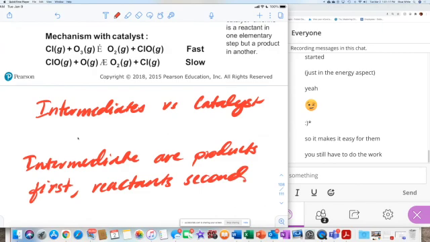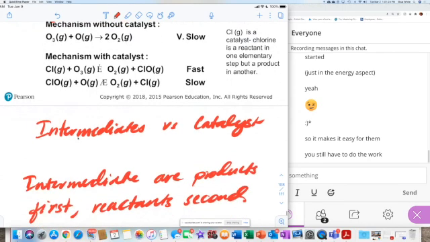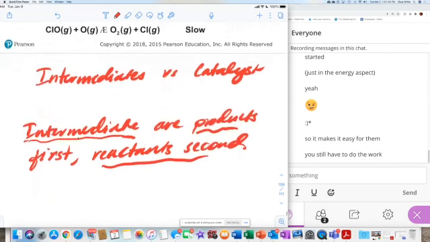Okay, so this is the way I remember them, and this is how I identify them. So when I look at a chemical reaction and I see a chemical that appears for the first time as a product, and then I see the same chemical appearing in a different step as a reactant, I judge that chemical to be an intermediate, the one that was brought to the scene only to be consumed, or they get rid of it one way or another, right? That's the intermediate. The catalyst is the opposite.